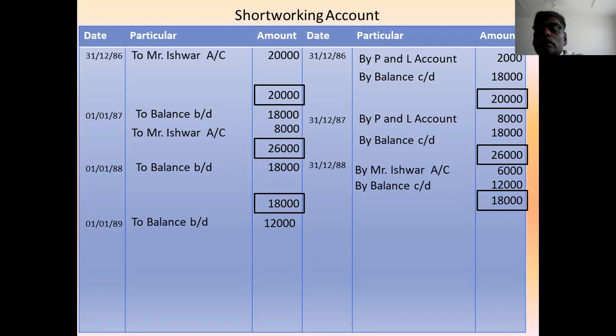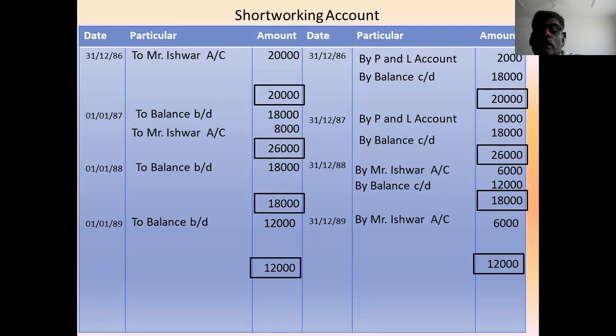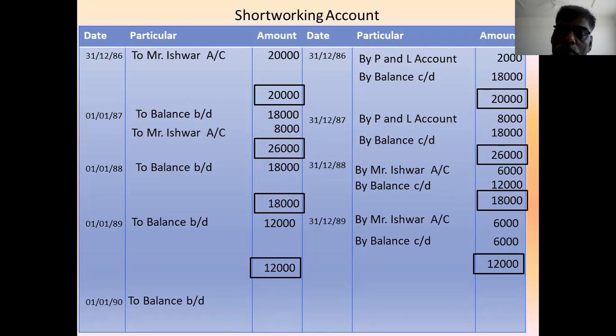In the SWR column there is an amount, by Ishwar account 6,000, and no amount in the SW or SWIR column. Close the account; the balance is 6,000. To balance brought down 6,000.